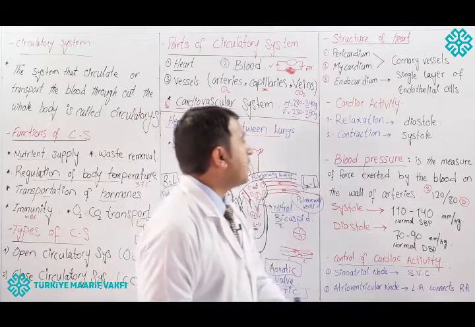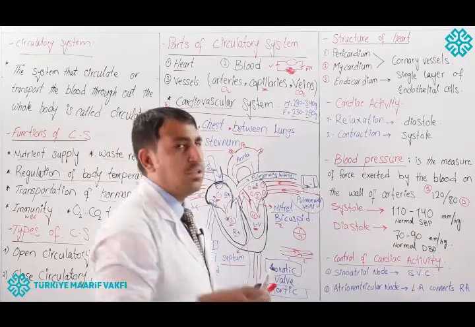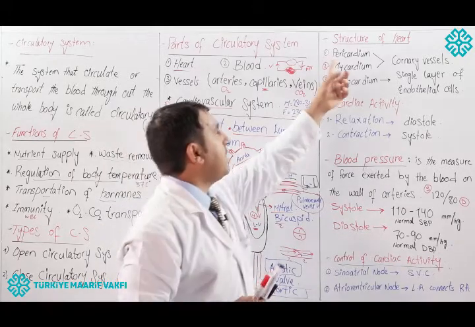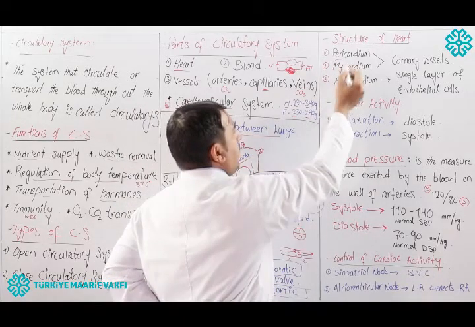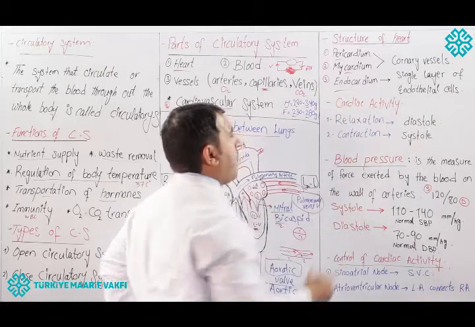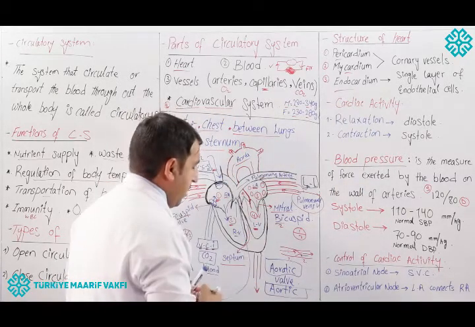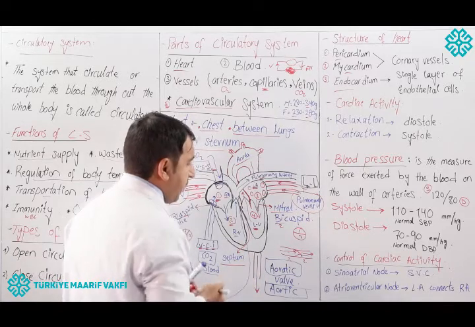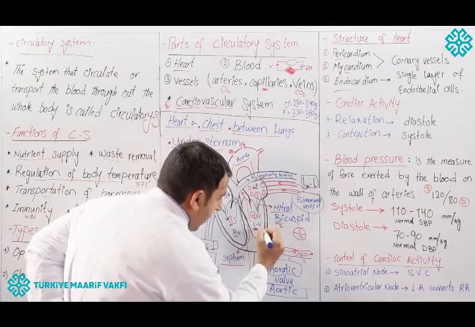Now we are coming to the structure of the heart. In the structure of the heart, we have three parts. The first one is the pericardium, the second part is the myocardium, and the third part is the endocardium. If you look here, our heart is made from three layers.